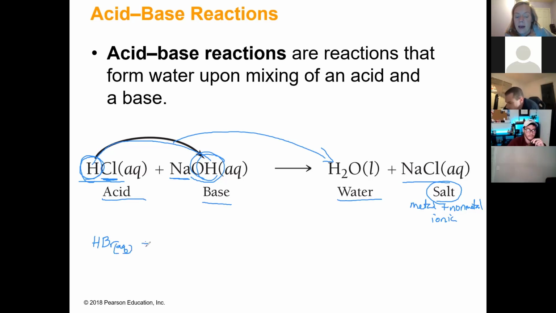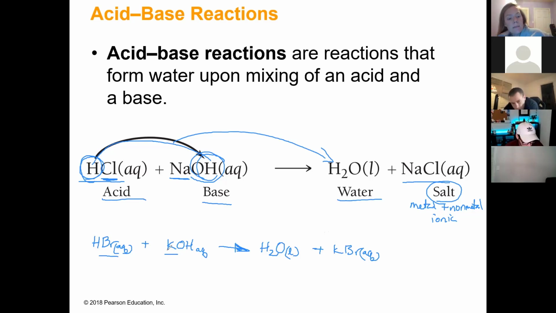And I combined that with potassium hydroxide, KOH. And I said, hey, tell me what the products are going to be. You need to be able to write the products out. One of them better be water, H2O. The other one is going to be the salt with the remaining stuff. So in this case, it's a potassium and a bromine. So plus KBr, and this thing is aqueous.